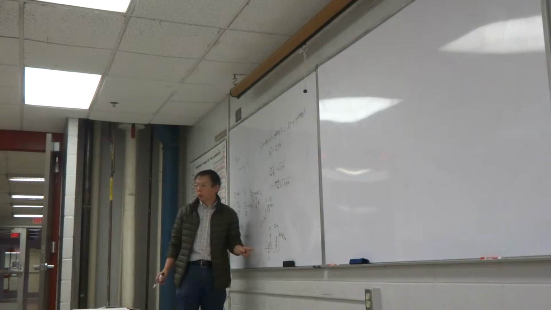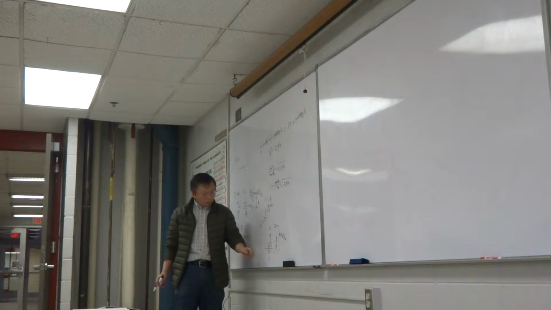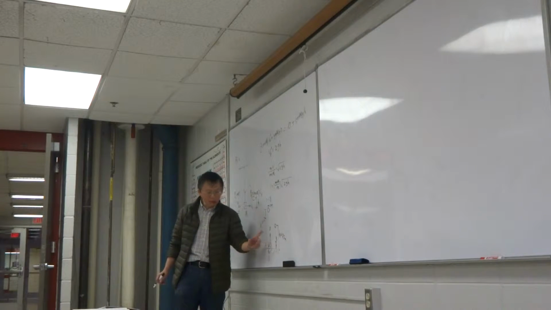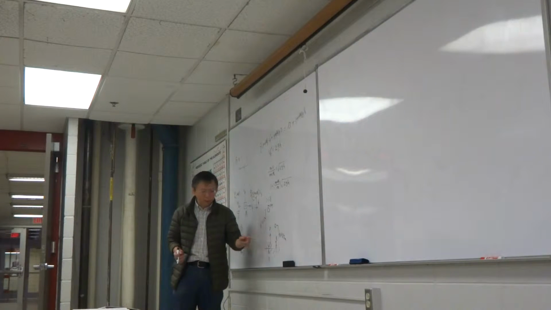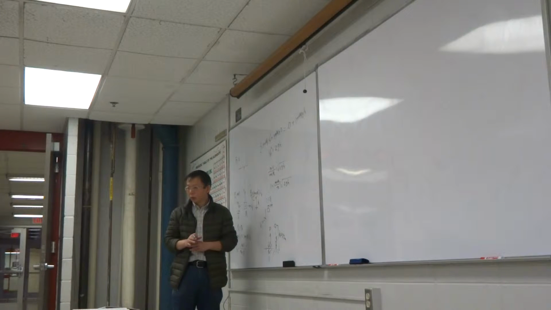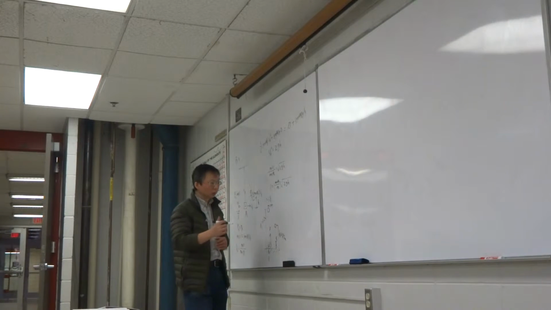Okay, the impulse due to the force. Because the floor exerts a force on that ball, the floor will exert the impulse on that ball. The impulse on one object is just the change of the momentum of the object. Okay?